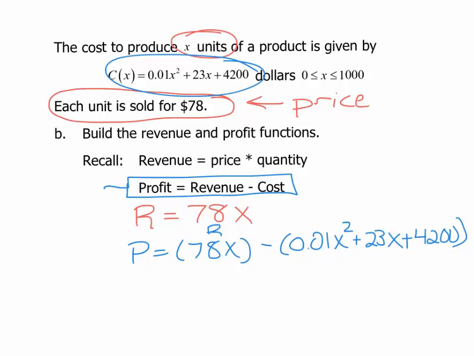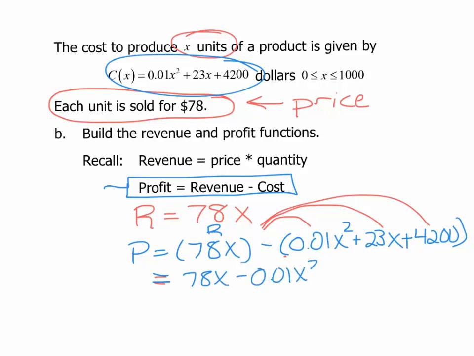Notice that I don't really need to have the parentheses here, but these parentheses are required because I need to take this negative and distribute it across all three of my terms to make sure that I'm subtracting all of my cost function and not just the first term of my cost function. So my profit is going to end up being 78x minus 0.01 x squared minus 23x minus 4,200.